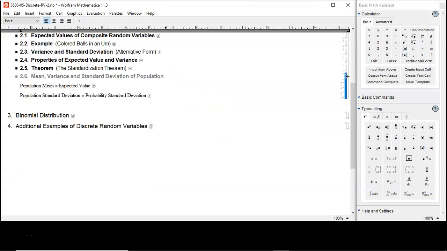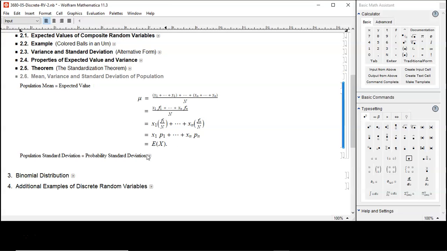By the way, there's some relationship between the population mean and expected value when you have the probability as a relative frequency, and here is the full proof actually. This f1 is the frequency, the number of repetitions of x.